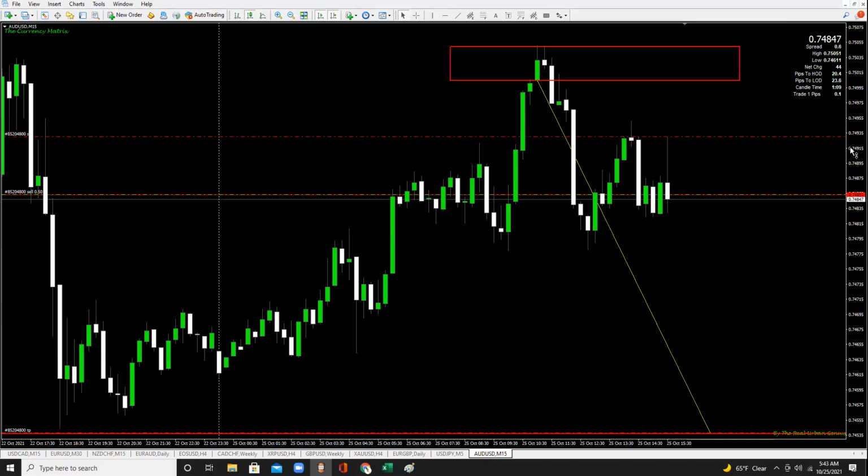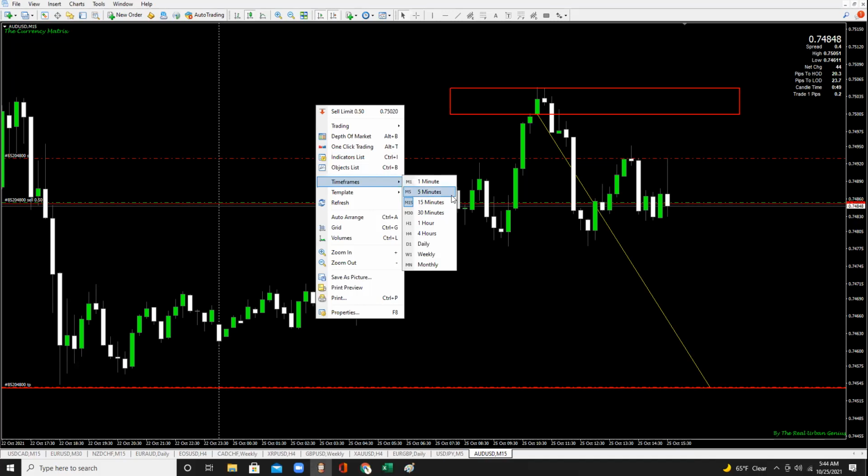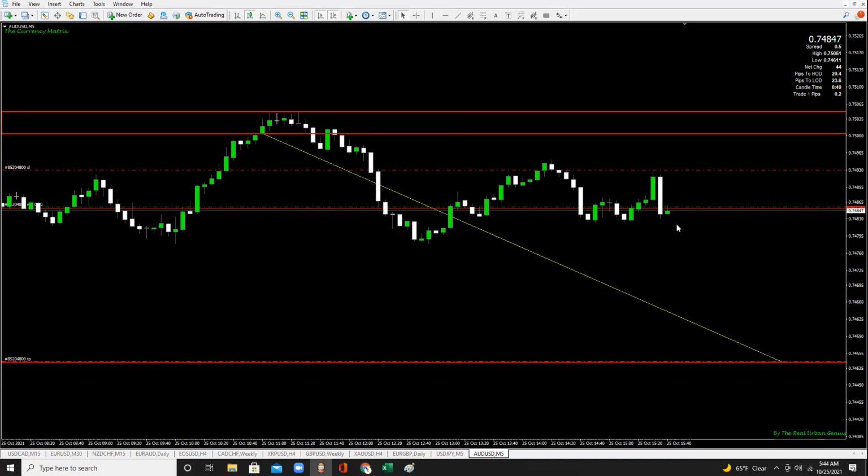Here on the 15-minute candle, we'll likely continue to get bearish 15-minute candles until we get another bullish 15-minute close. Going into the 5-minute. Here, we'll likely continue to get bearish 5-minute candles until we get a bullish 5-minute close.